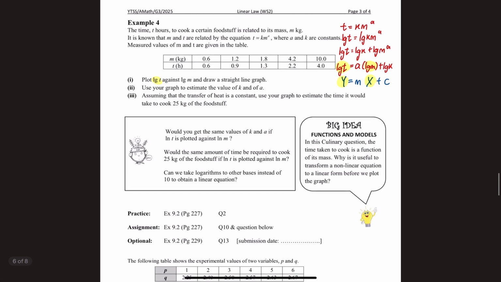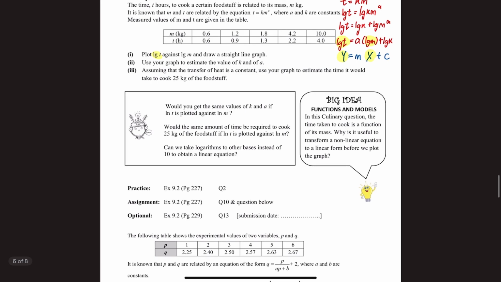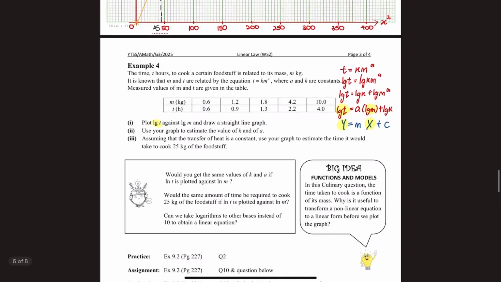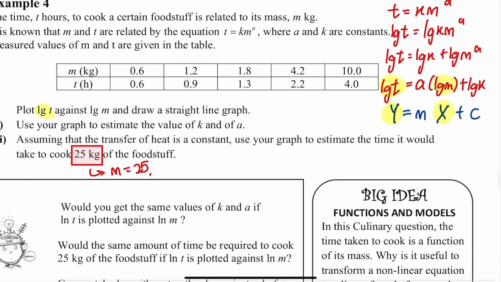Alright, so the last part here, assuming that transfer of heat is constant, estimate the time it takes to cook 25 kg of stuff. So over here, to cook 25 kg, it means that M is equal to 25. So very simply, to solve part 3, maybe I can work out over here.